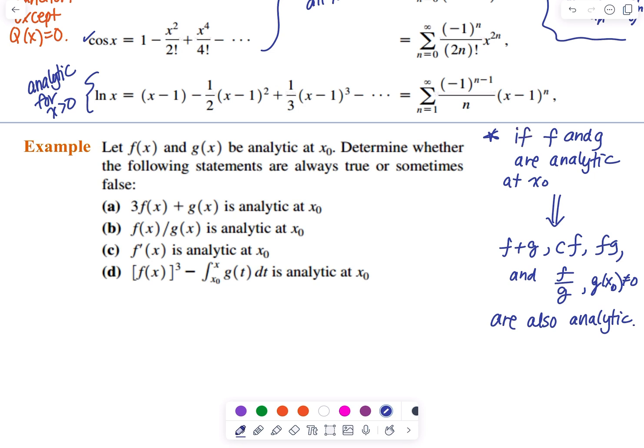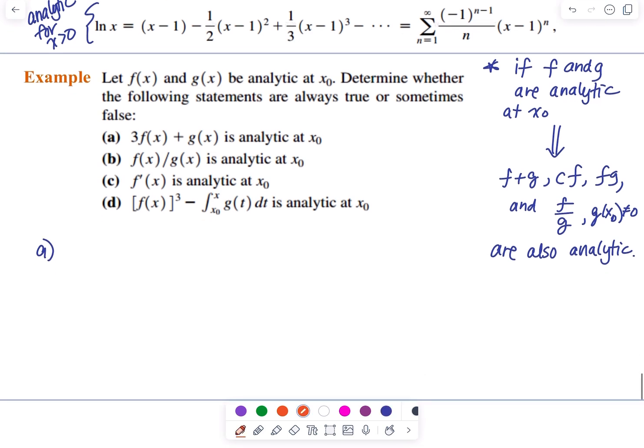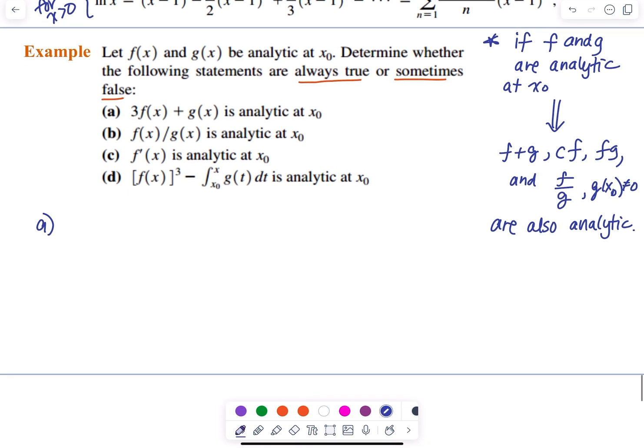Because we can now look at part A here. So in part A, we are trying to decide if the following statements are always true or sometimes false. So basically in part A, we have a linear combination of analytic functions.